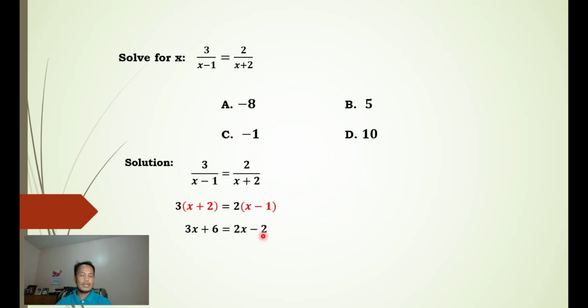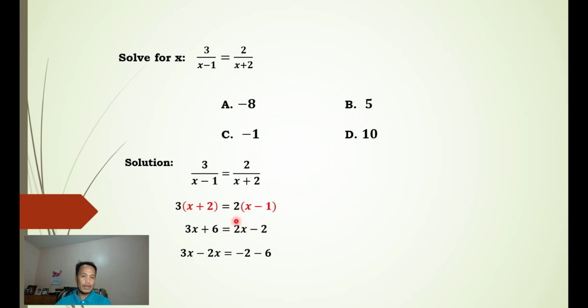Now we simplify, we combine like terms, meaning we isolate our variable to the left side of the equation and the constant at the right side of the equation, meaning we move the variable to the left side and the constant to the right side. Since we move the variable 2x to the left side, we use the subtraction property of equality.